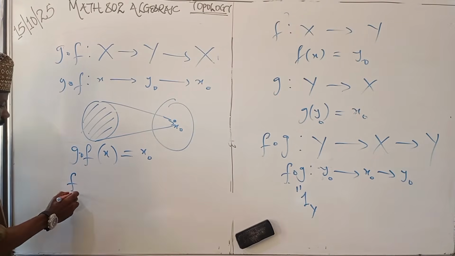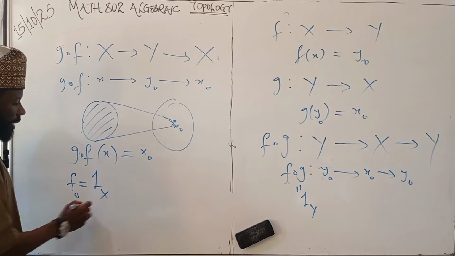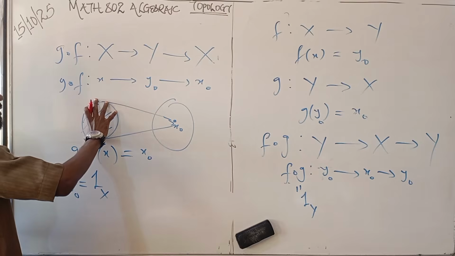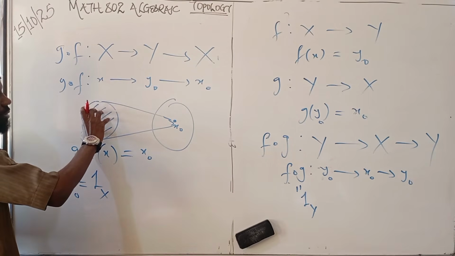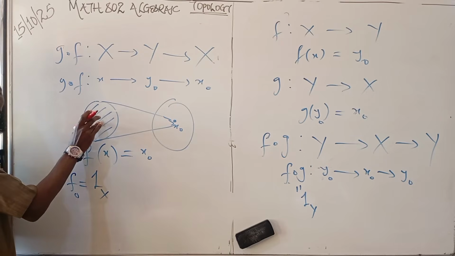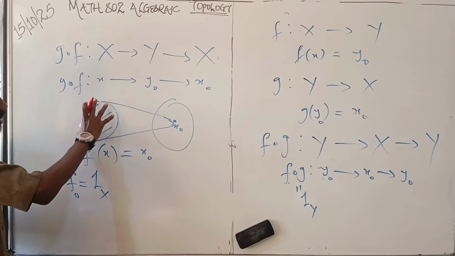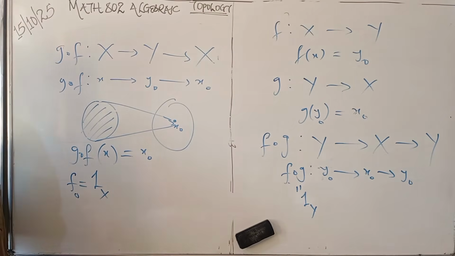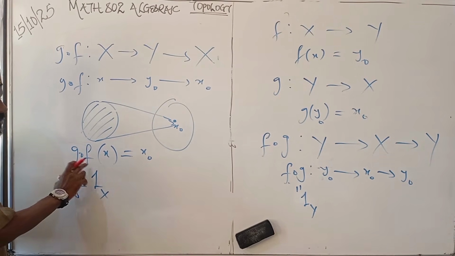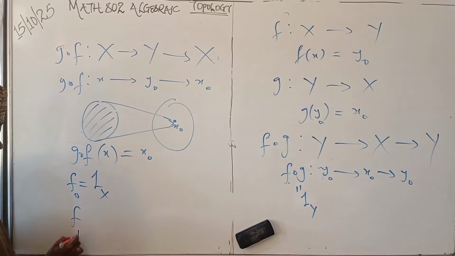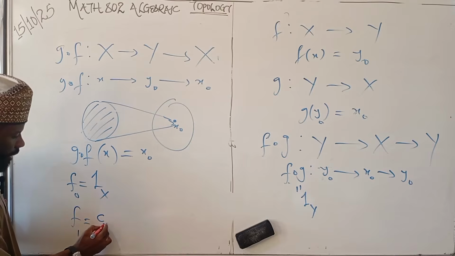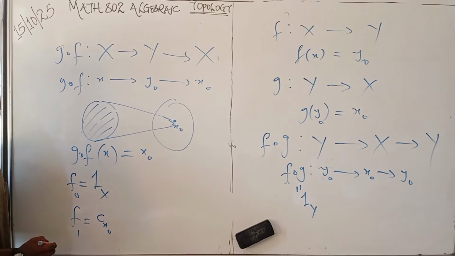We can take F naught to be the identity on X, and then continuously deform X down to the central point. So F1 can be the constant map sending everything to X naught.